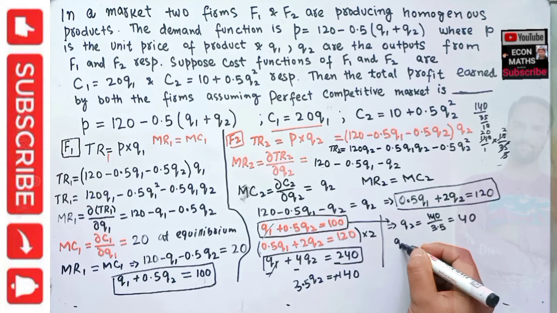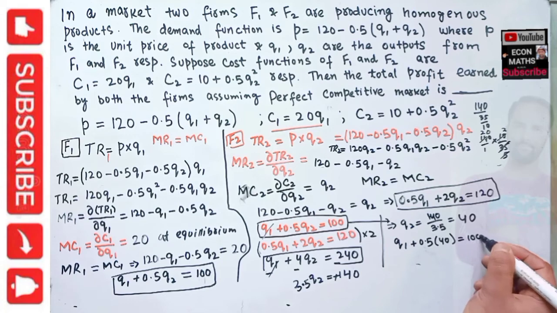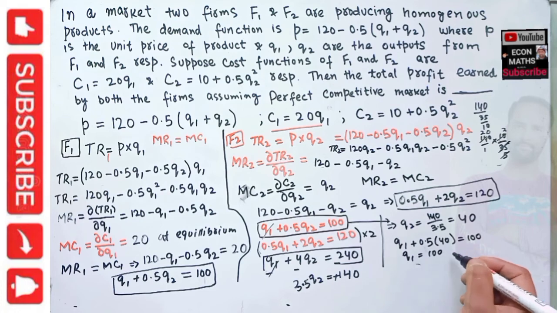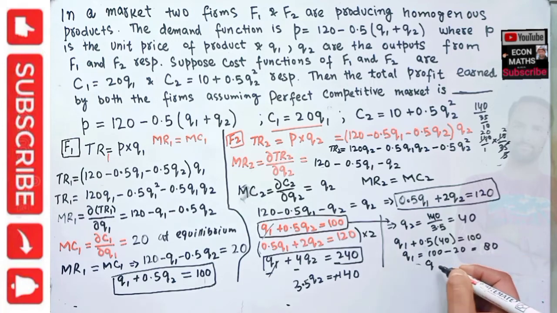That means Q1 plus 0.5 into 40 should be equal to 100, which gives us Q1 is equal to 100 minus 0.5 into 40, which is 20, so 100 minus 20, obviously, is 80. That means the optimal value of Q1 comes out to be 80. So we got Q1 and Q2.